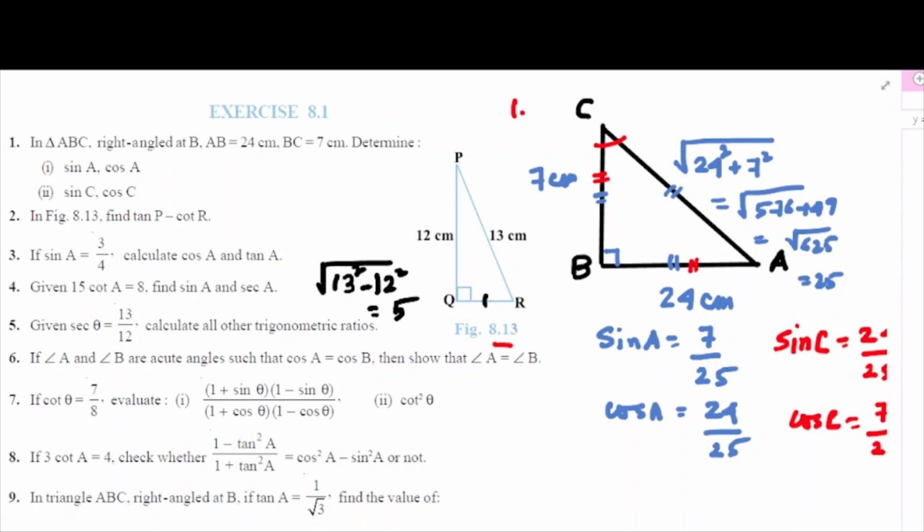Now once we get the value of QR, we have to find out tan P minus cot R. So what is the value of tan P? With respect to this angle P, QR is the perpendicular and PQ is a base. So tan P is equals to perpendicular by base.